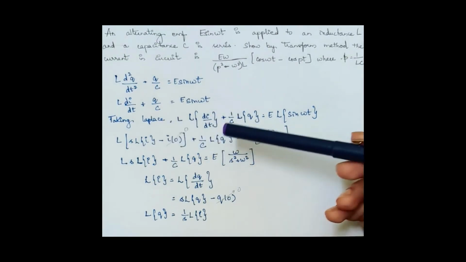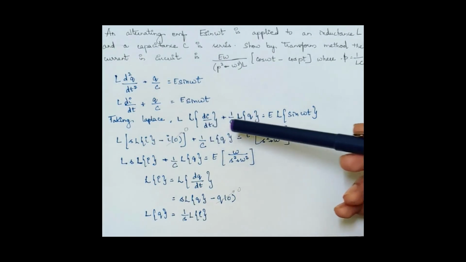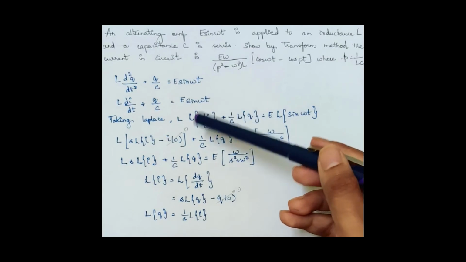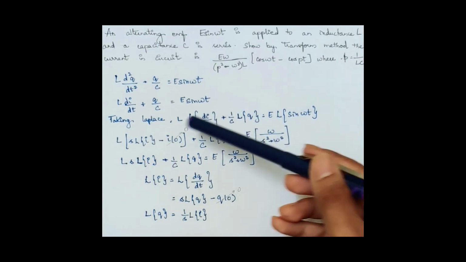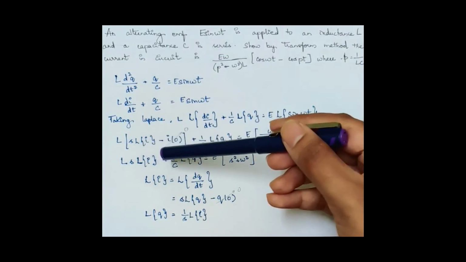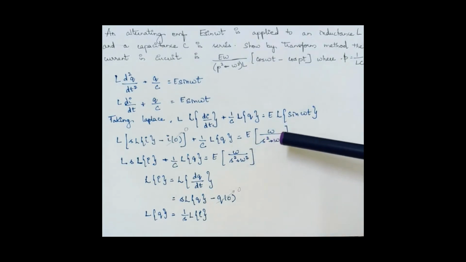you get L di by dt plus 1 by C Laplace transform of q is equal to E into Laplace transform of sin omega t. Now you know that for differentiation, or I dash, Laplace transform will be L into Laplace transform of I minus I of 0, plus 1 by C into Laplace transform of q, which is equal to E into Laplace transform of sin omega t, which can be written as omega by s square plus omega square.